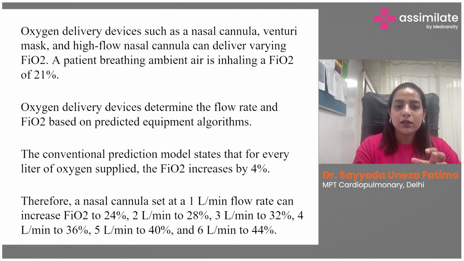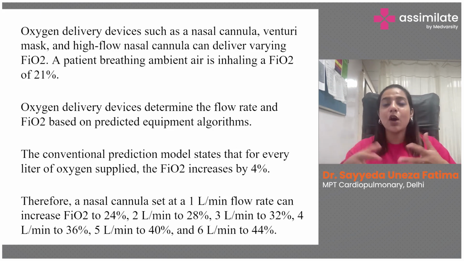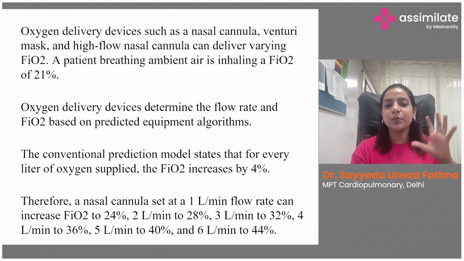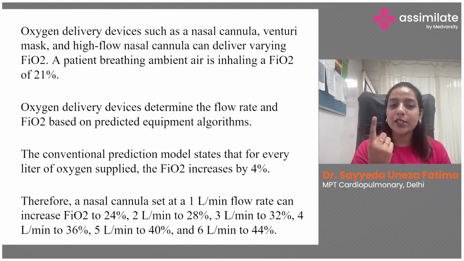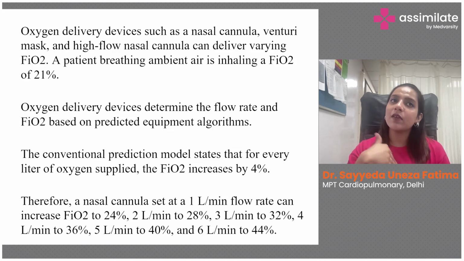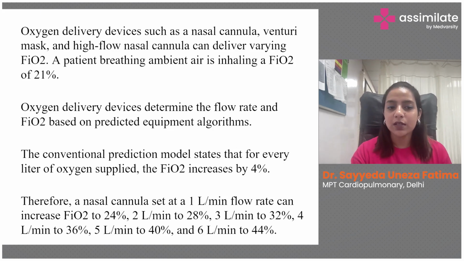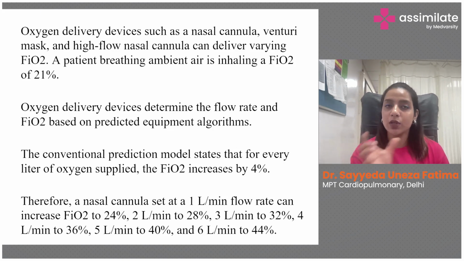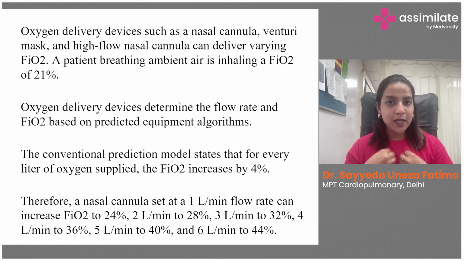There is a conventional predictive model which says that for every 1 liter of oxygen, there is a 4% increase in the FiO2. So the nasal cannula, if set at 1 liter per minute flow rate, can increase FiO2 to 24. 21 is the normal base FiO2 that you and I are breathing right now without any additional oxygen.